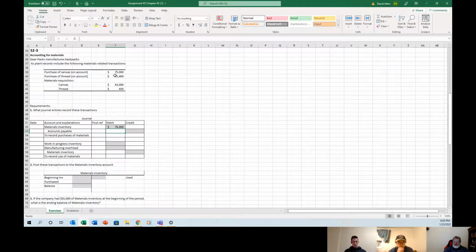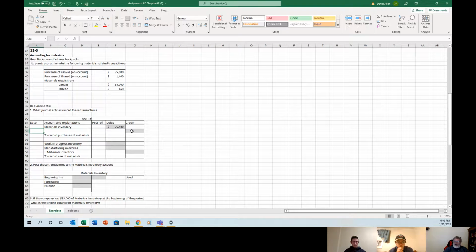Now remember, this is a journal. It says it's a journal entry. So if we've got 76,400 that came into inventory, where do we need to put a credit? Well, this already gives you accounts payable. So we got to pay for that, right? So how much is going to have to go over here on the right side? 76,400. The same amount, right? Okay, did I not click in it?